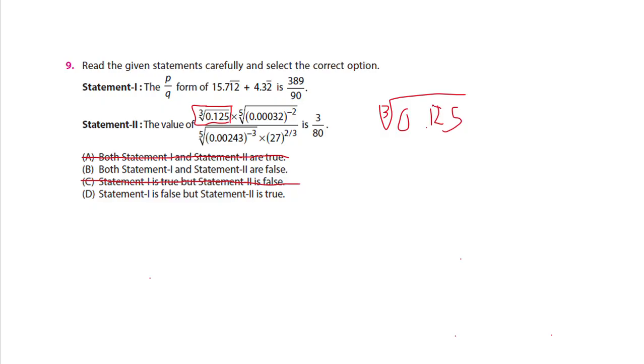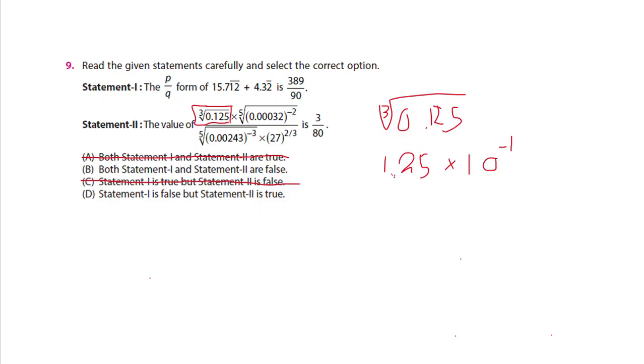Now if I express this in scientific notation, this will be 1.25 times 10 to the power negative 1, which means the decimal point is moved one place backwards. So we have this notation here for now.